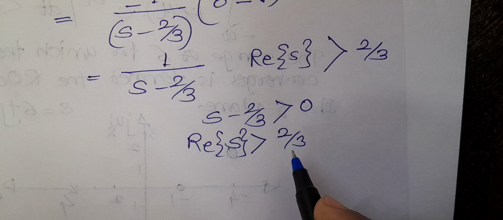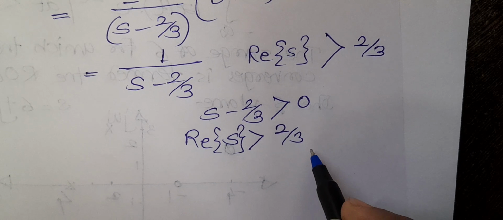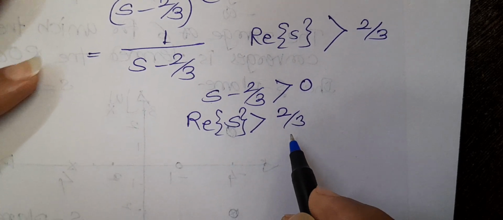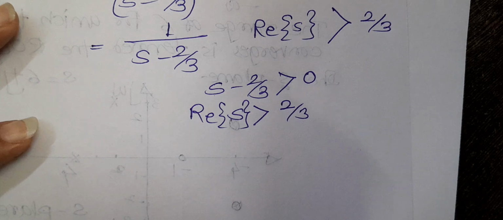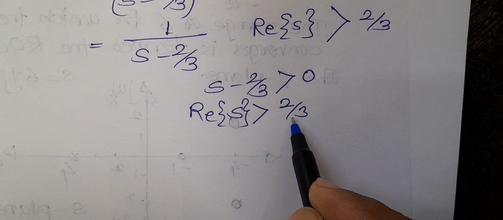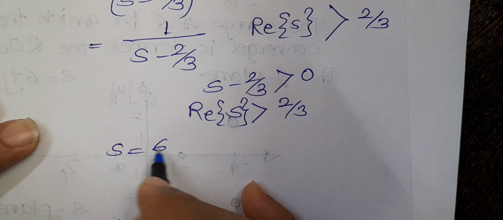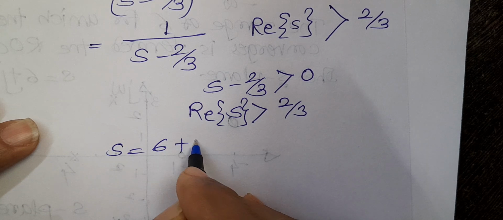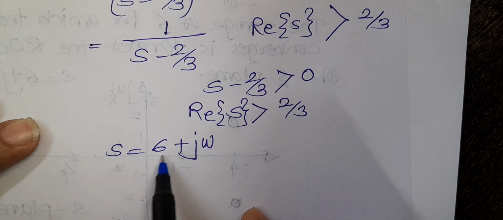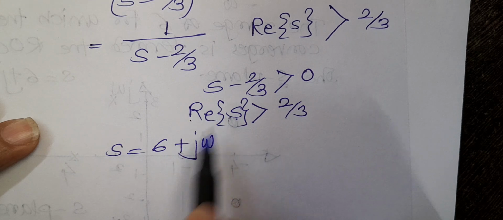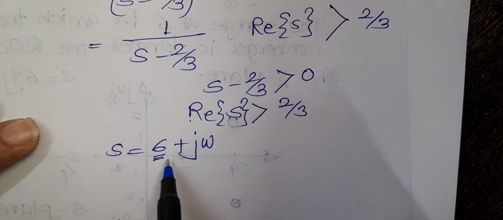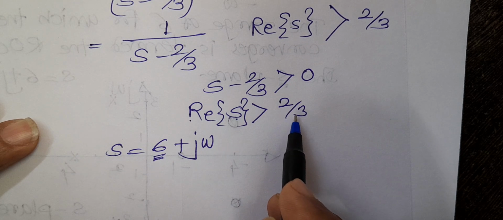And therefore the Laplace transform does not exist for sigma less than or equal to 2 by 3. Because you know the complex frequency s is equal to sigma plus j omega, so the real part of s is nothing but sigma. So this sigma must be greater than 2 by 3.